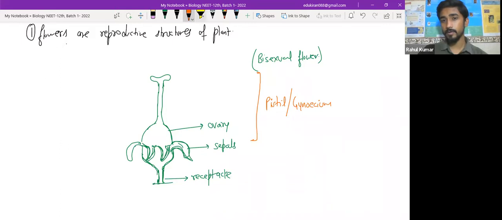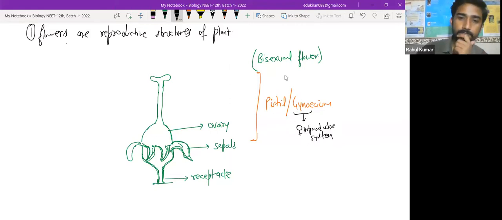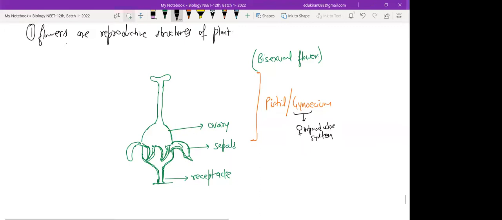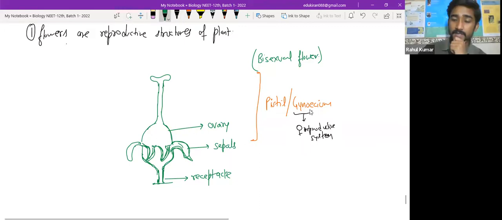So write down in your terminology that the word gyne is associated with the female reproductive system. Is it clear, everyone? Yes or no? Yes, sir. This part is the pistil, it's the gynoecium, the female part of a flower.